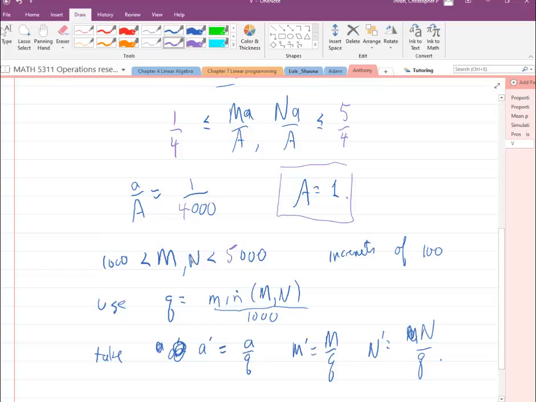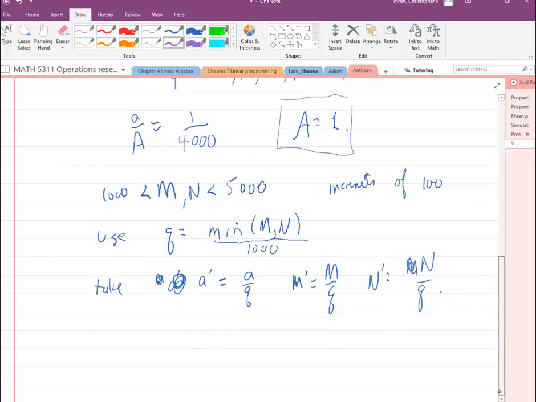So this is what I'm going to do. I take Q equals the minimum of M and N over 1,000, and instead of taking A, I'm going to take A prime is A over Q, M prime equals M over Q, and N prime equals N over Q. Now, why do I do that?